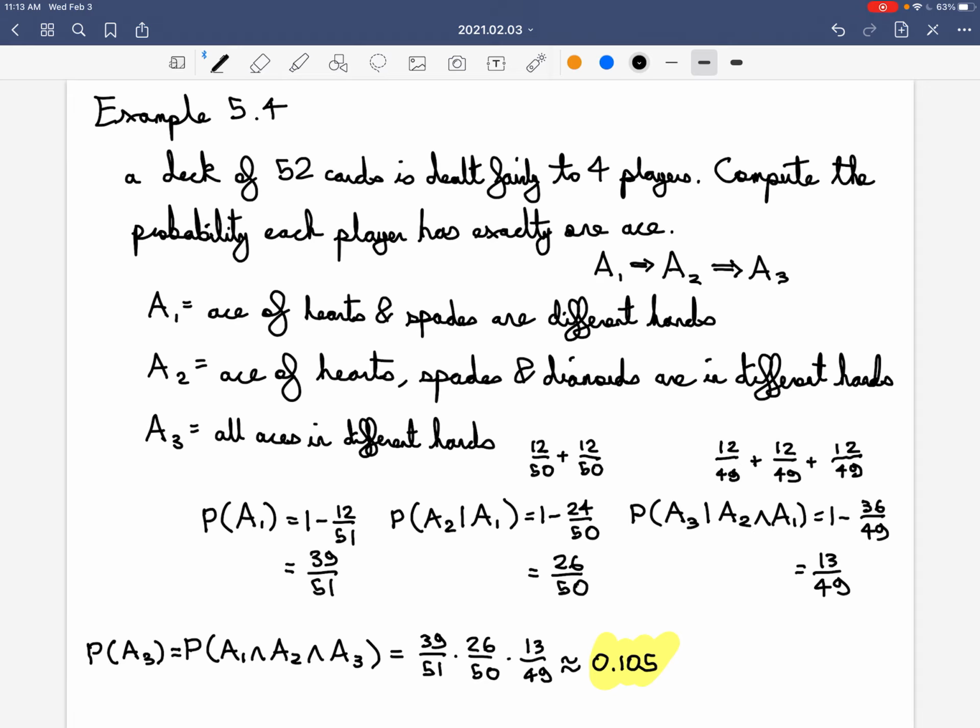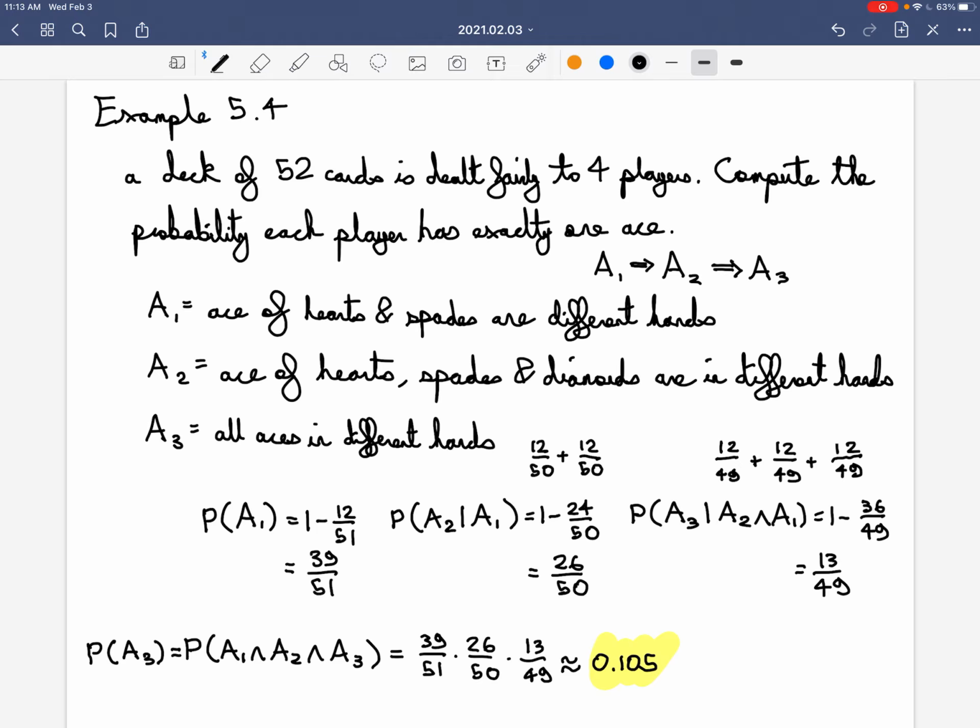So the first thing we want to do, let's calculate the probability that the ace of hearts and ace of spades are in different hands. One way we can do that is to say, what's the probability the ace of hearts and ace of spades are in the same hand?